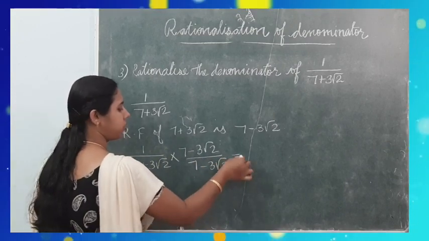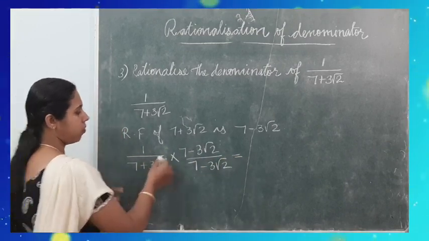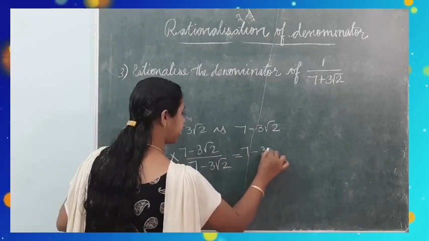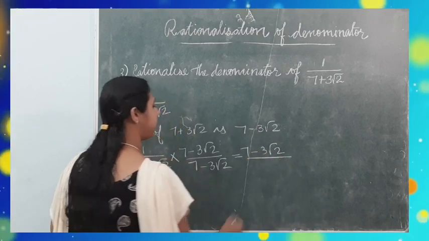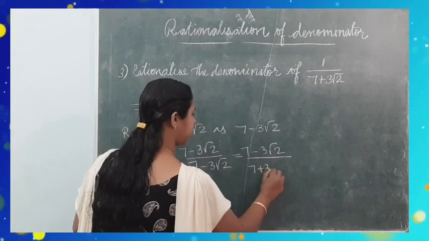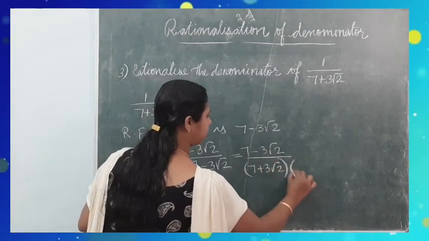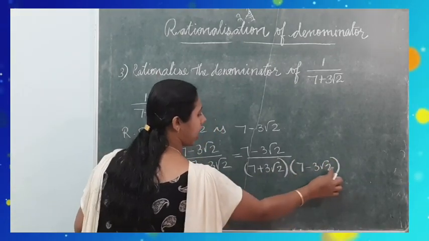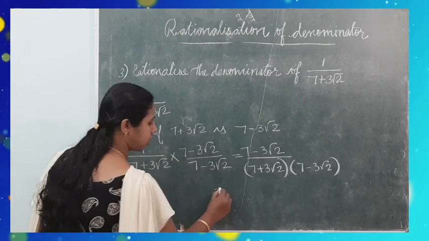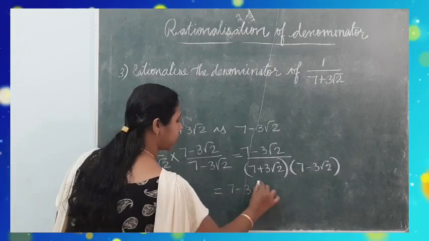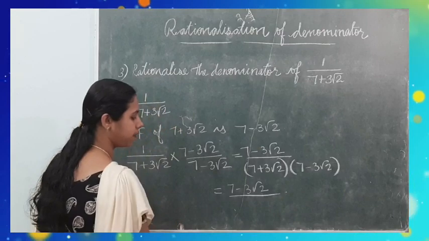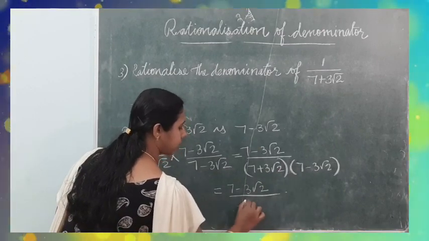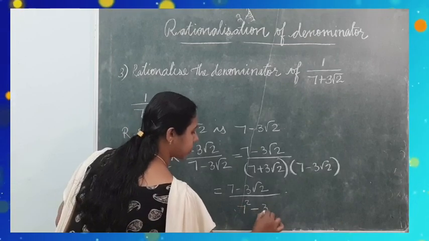So which is equal to 1 into 7 minus 3 root 2, that is 7 minus 3 root 2, divided by 7 plus 3 root 2 into 7 minus 3 root 2. A plus b into a minus b is equal to a square minus b square.